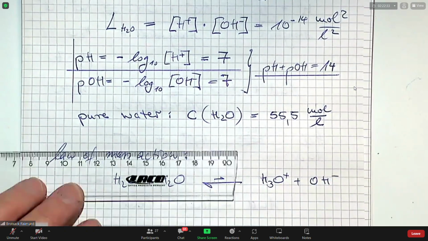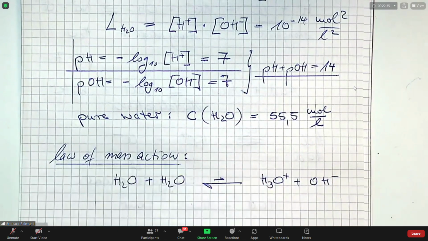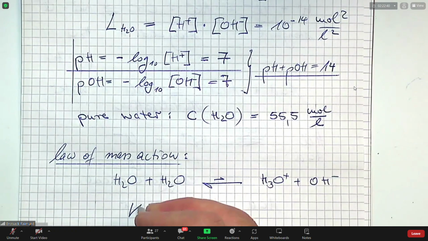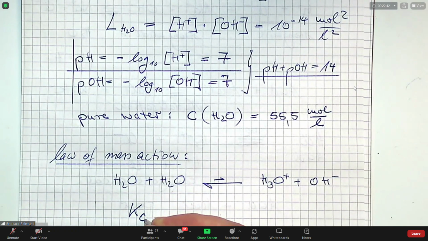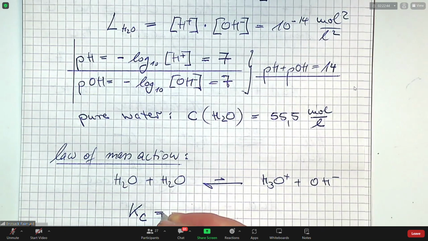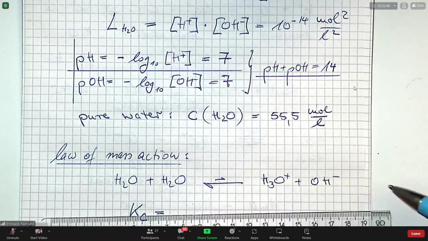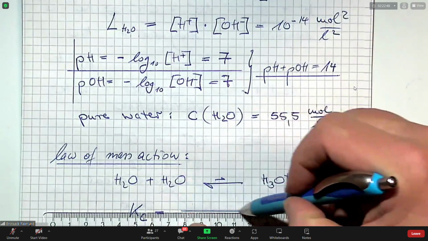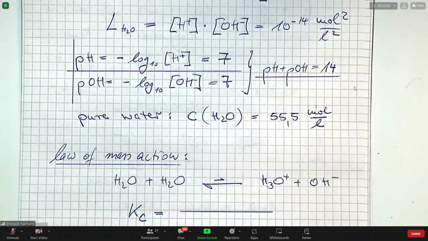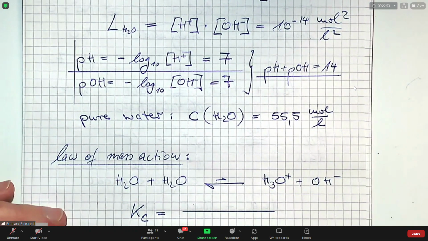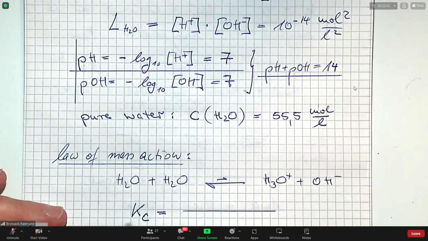Just repeating. Now, the law of mass action means we calculate the Kc. When you remember, what do we have to calculate when we use Kc for this reaction?